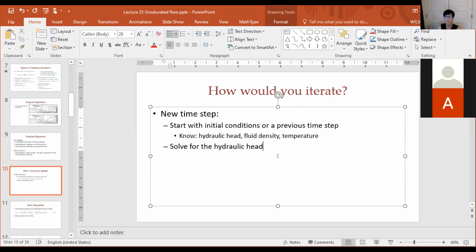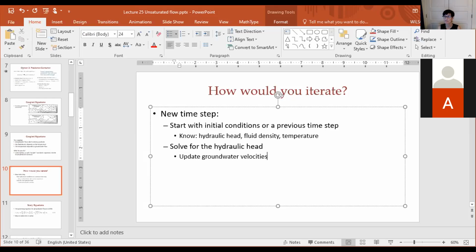So should we solve for temperature now? Do you have to update the velocities in the equation though? Ooh, that's a good one. You're right. Update velocities. Excellent.